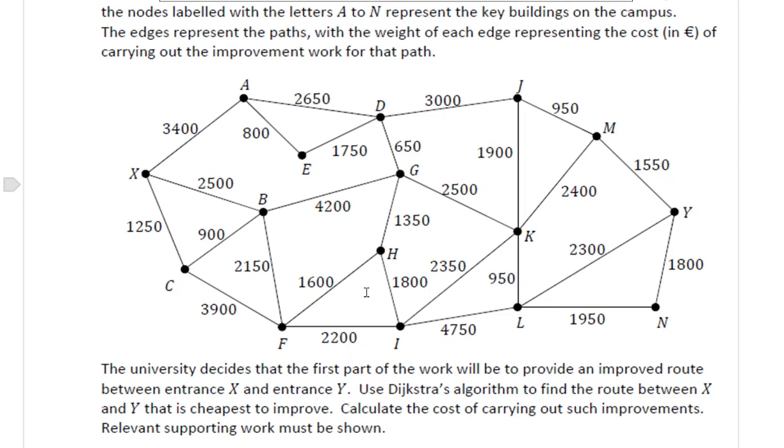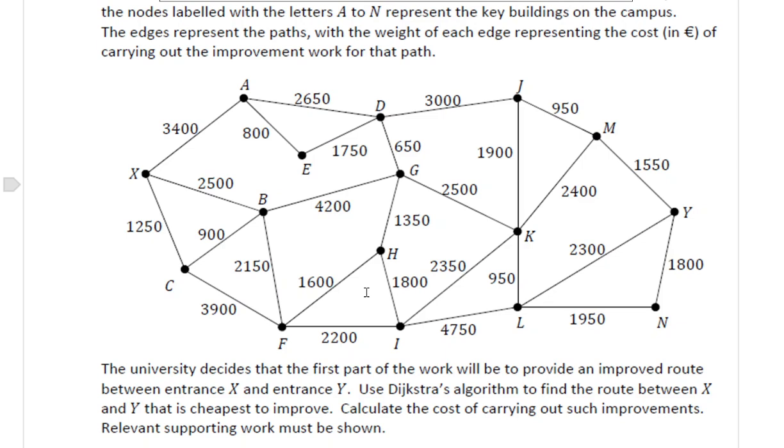So we want to find the route from node to node to node between x and y that is the cheapest, the one of least weight, and we can do that using Dijkstra. If it was a most thing, we'd have to use Bellman and dynamic programming, but at the moment it's least, so it's Dijkstra.